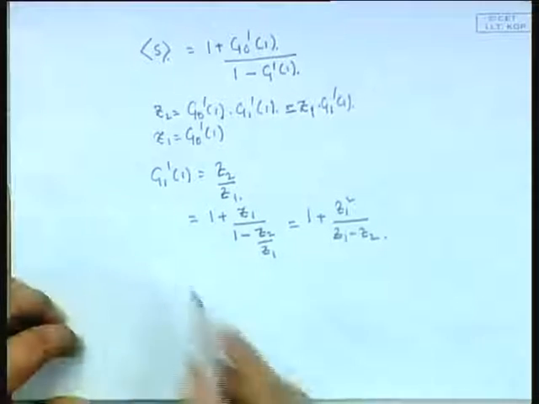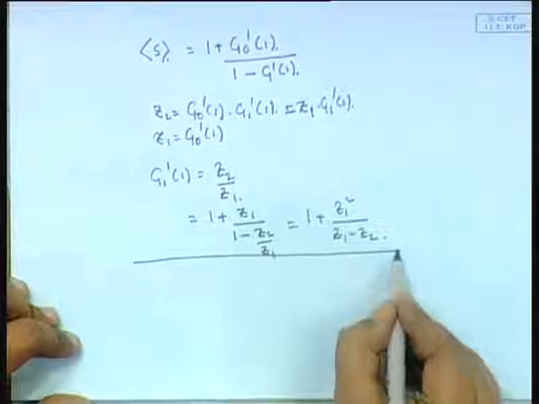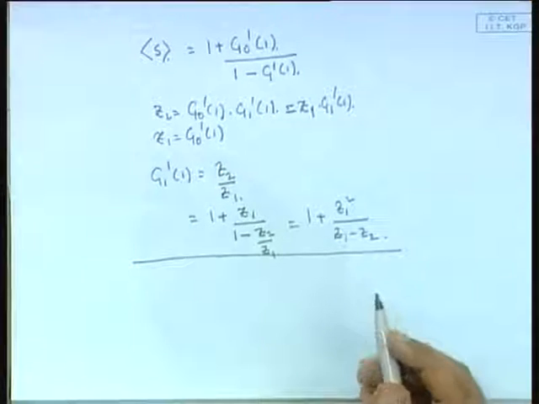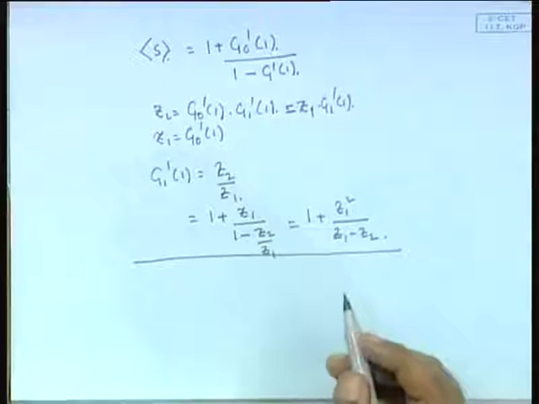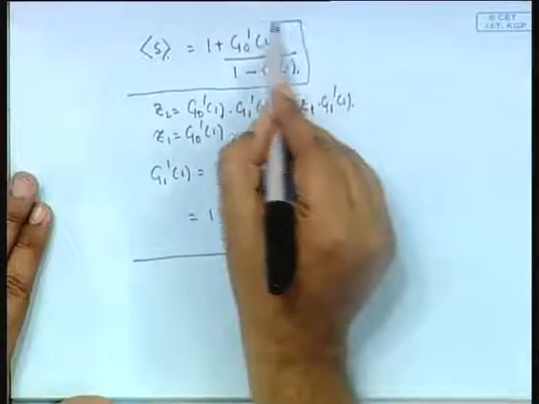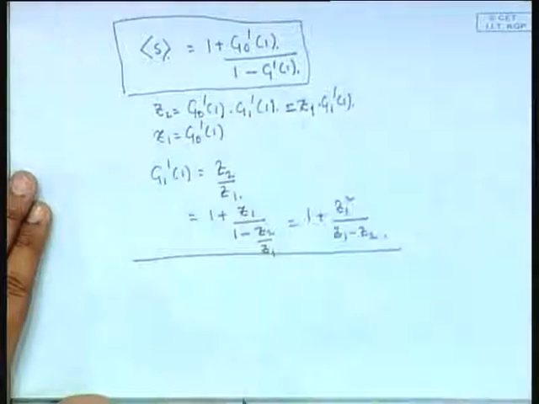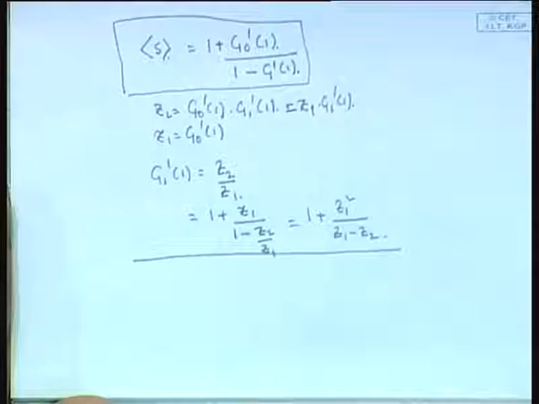Very good. So, once you get this, can you think there is one more very interesting observation which we can make here? Can you tell me from this equation there is a very interesting observation we can make? Anybody?